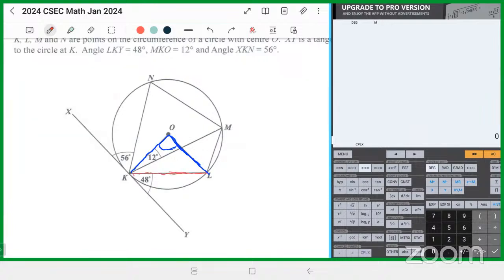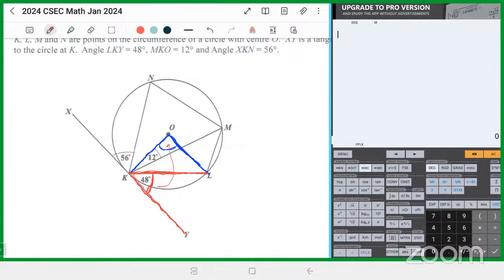And that chord is making this glaring angle of 48 degrees with a tangent. There's a rule that says the angle between a tangent and a chord is half the angle subtended by the chord at the center.